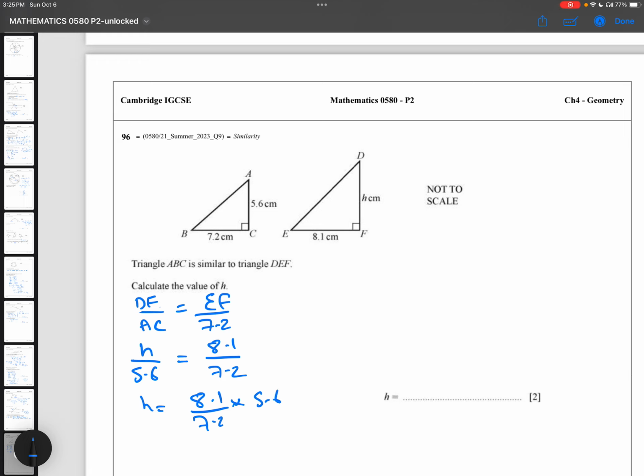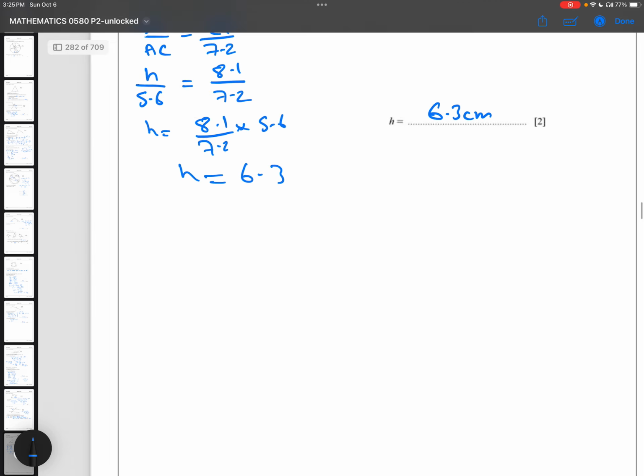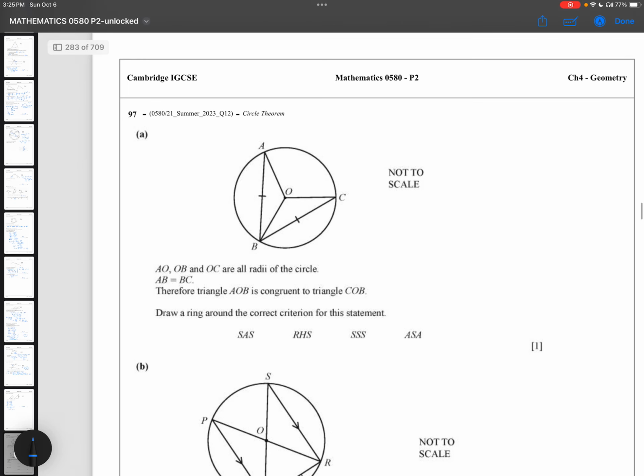So now let's do the multiplication and division: 8.1 multiplied by 5.6, then divided by 7.2. This is equal to 6.3. So h is equal to 6.3 centimeters. Okay, let's move on to the next question.